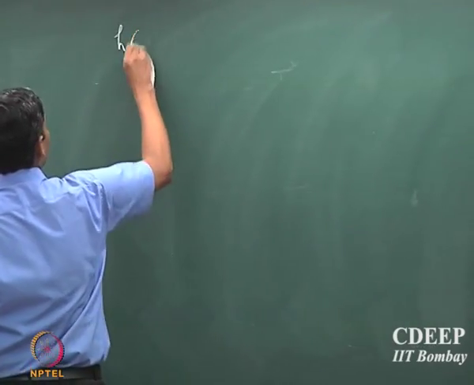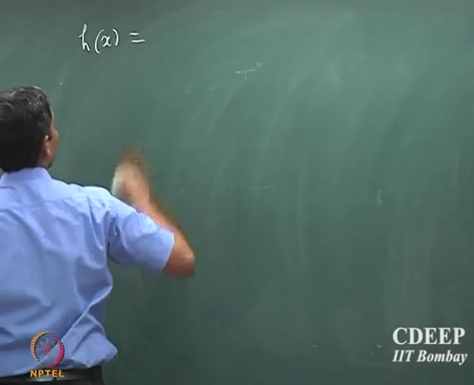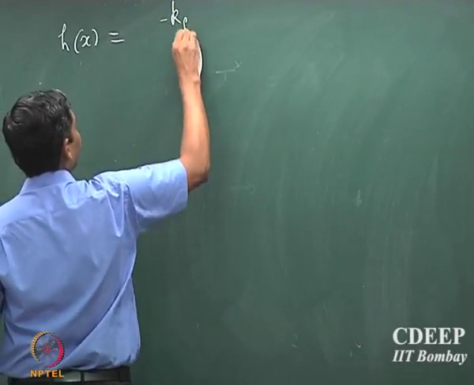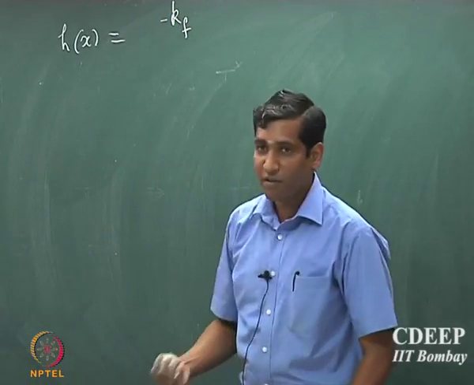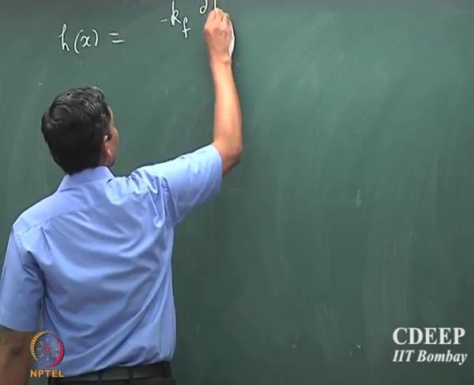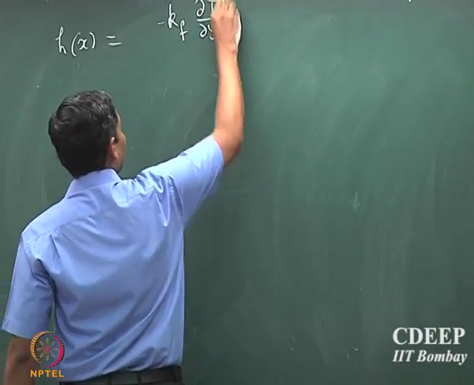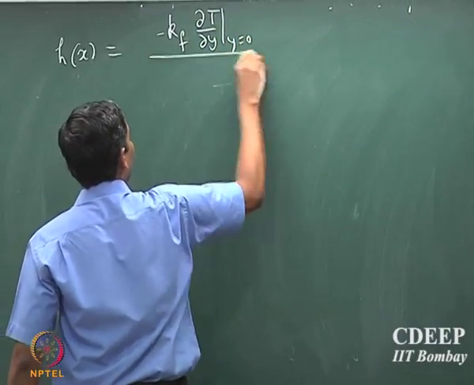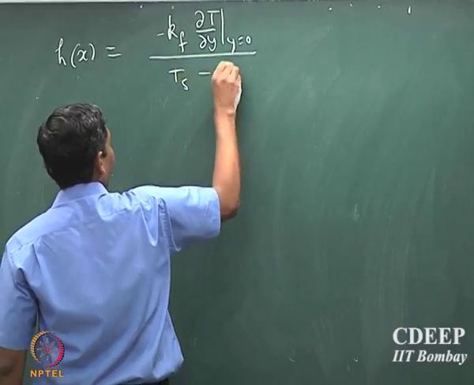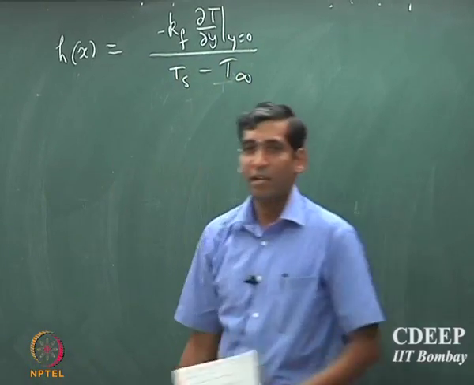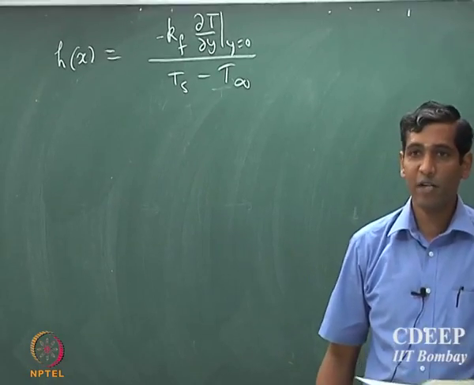The heat transport coefficient is defined as minus Kf, the conductivity of the fluid, into dT by dy at y equal to 0, divided by Ts minus T infinity. That's the definition of the heat transport coefficient.